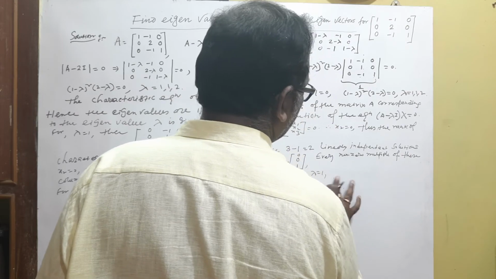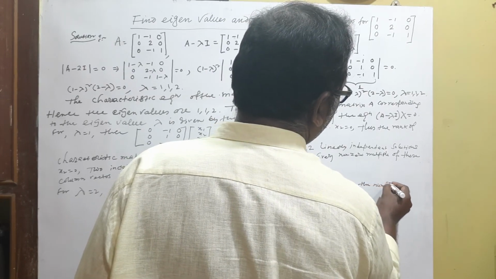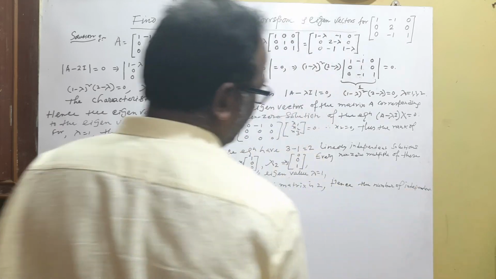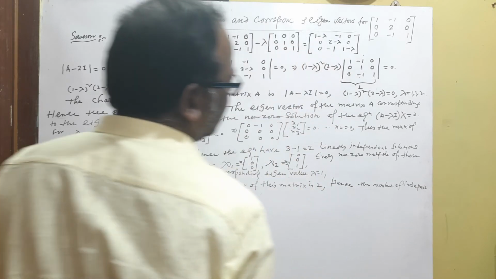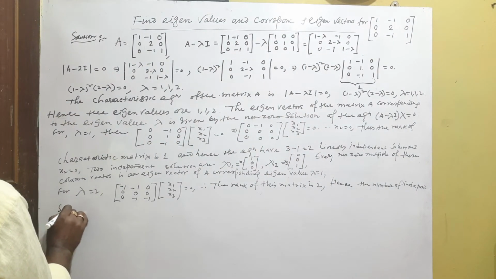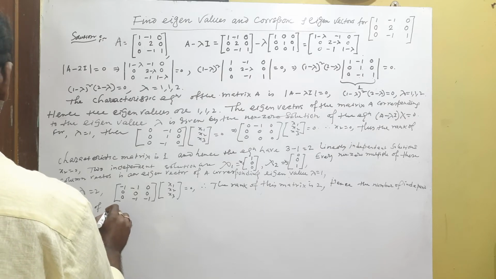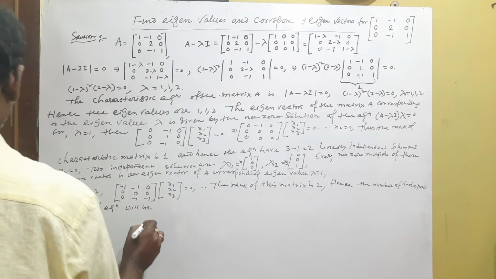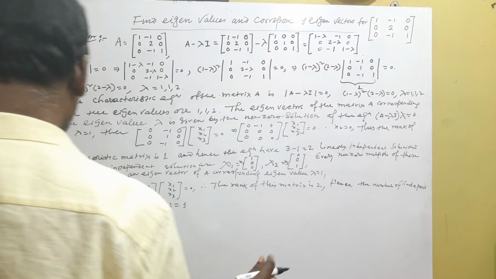Hence the number of independent solutions of the equation will be, the order of the matrix here is 3 and the rank is 2, so we get 1. So we get one independent solution.